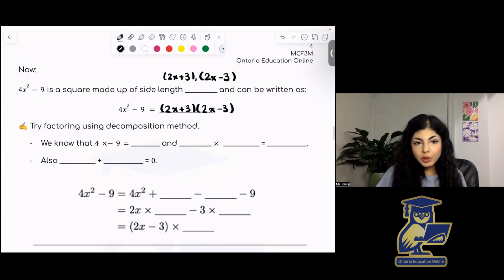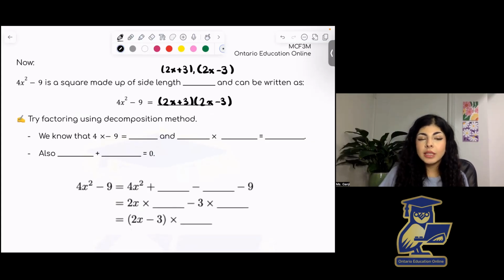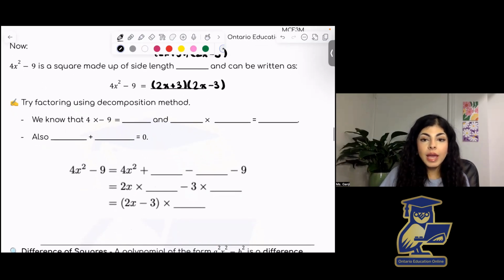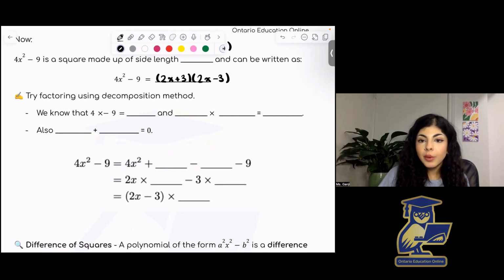So we're going to try now the decomposition method with an additional step. We will see this later on as well, where we use the zero identity property to add values that are essentially zero, such as adding plus 6x minus 6x, which is 0.